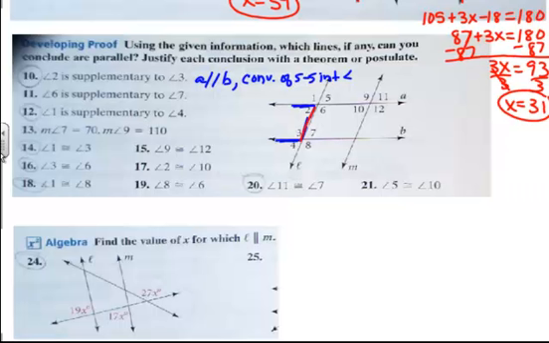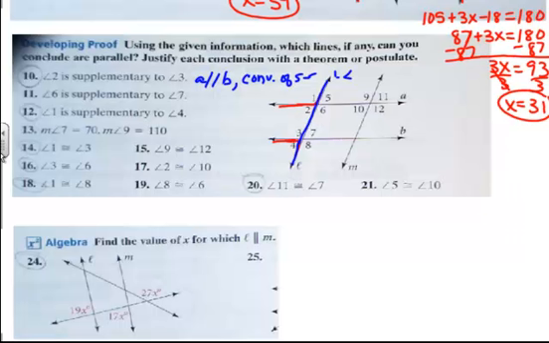Alright, skip down to number 12. 1 is supplementary to 4. Let me erase this. Angle 1, angle 4. Again, this is my transversal. So, same lines.